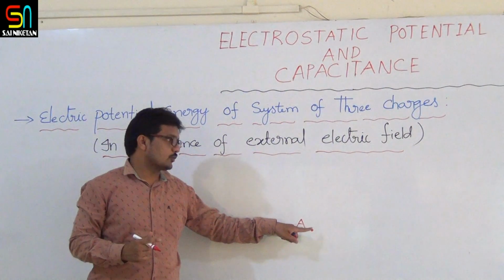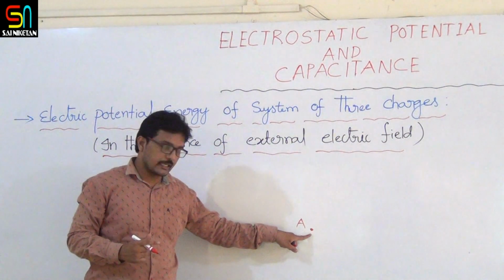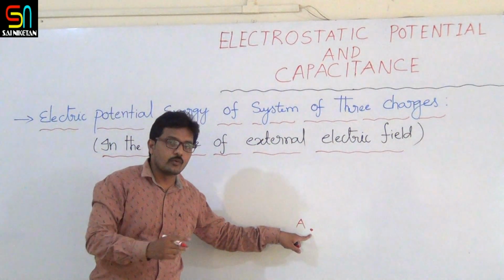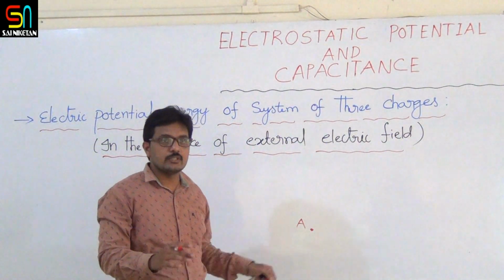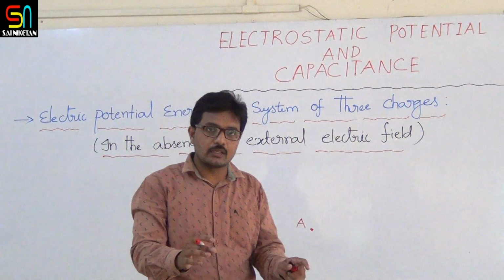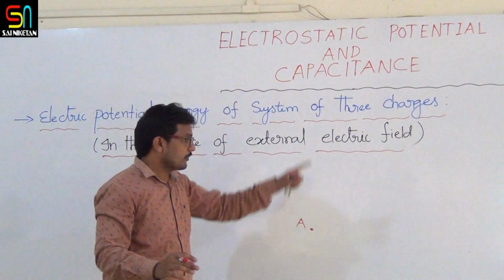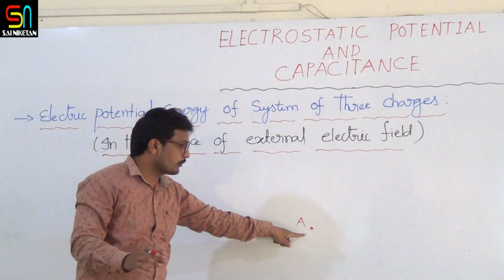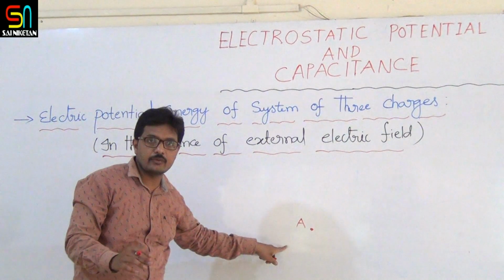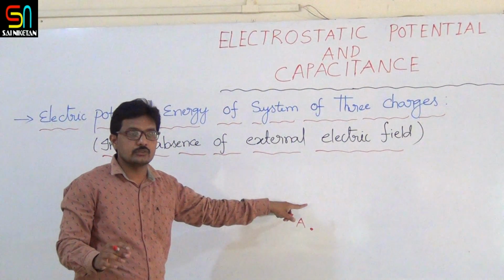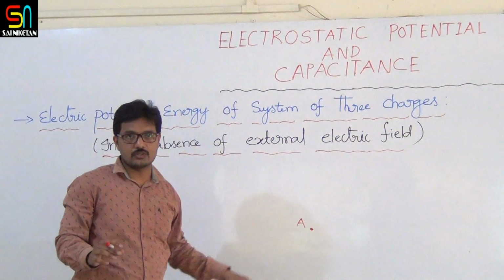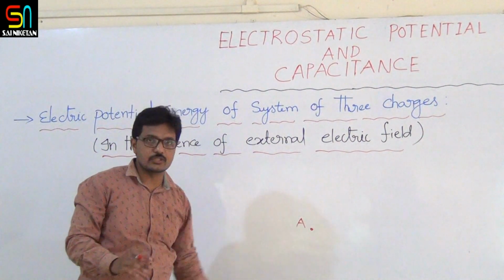Q1 is the charge to bring to the point A. Then the work done will be 0. Why is the work done 0 here? Because we are not doing any work to bring the charge from infinity to the given point, as there is no electric field and no opposing force on the charge, so the work done will be 0.